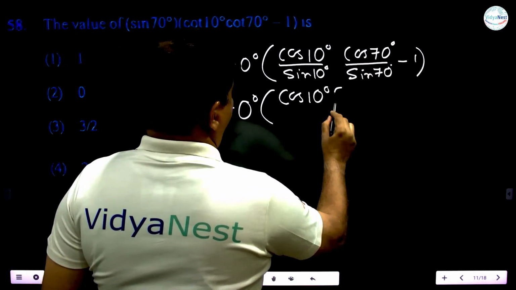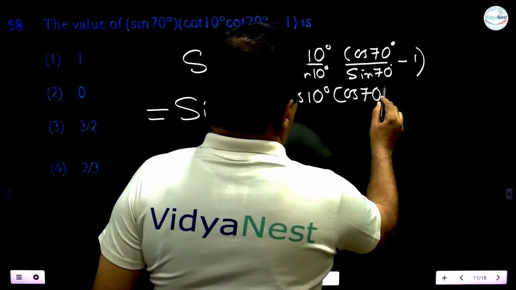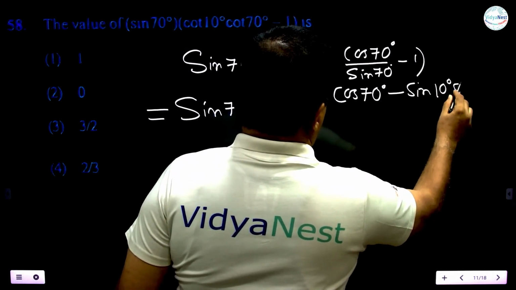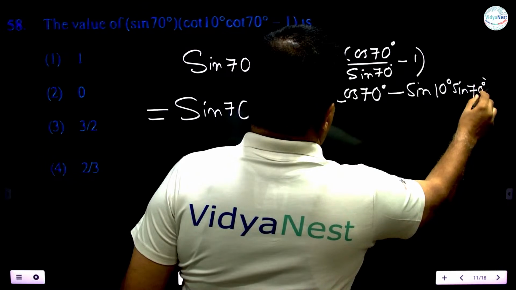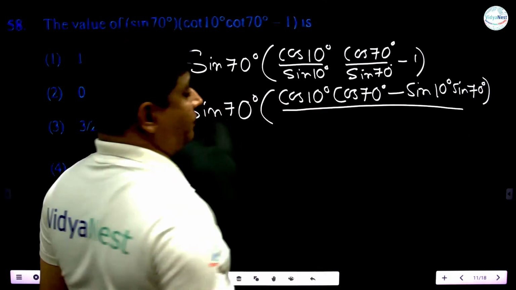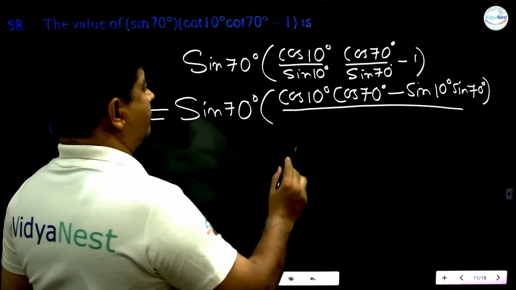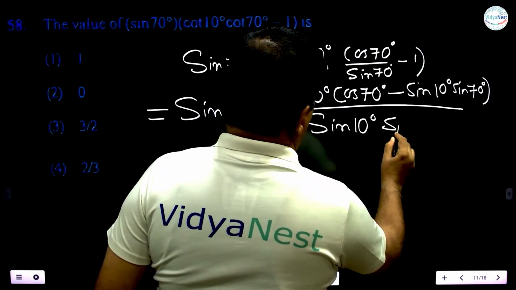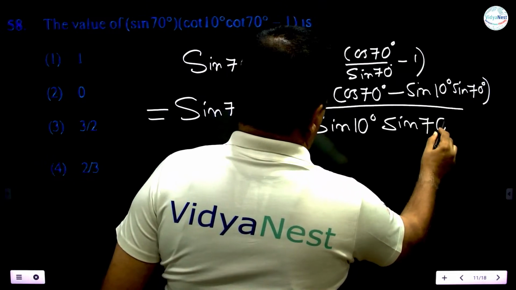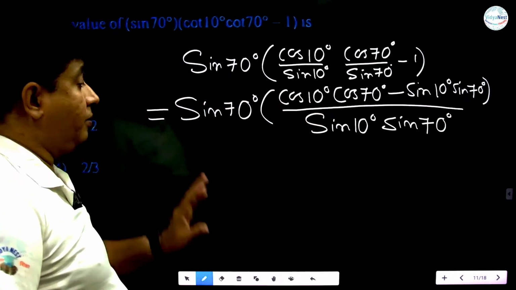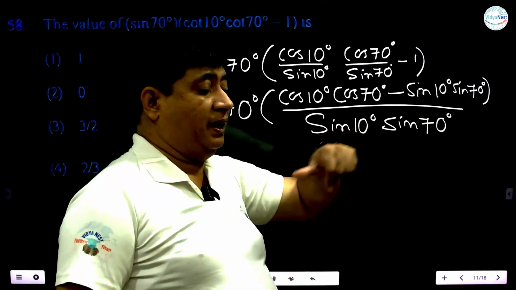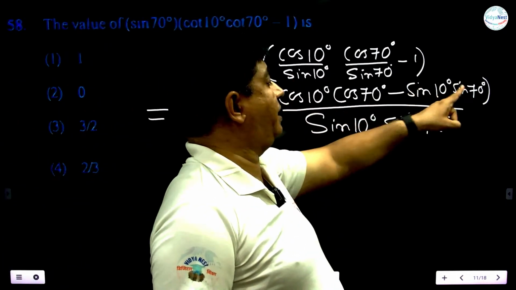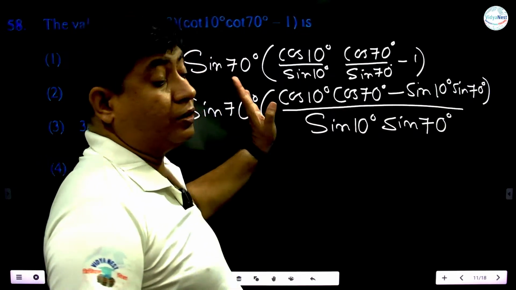Cos 10 cos 70 minus sin 10 sin 70. The denominator will remain the same. Now, the numerator part reminds me what? This is cos A cos B minus sin A sin B. So what is the formula?